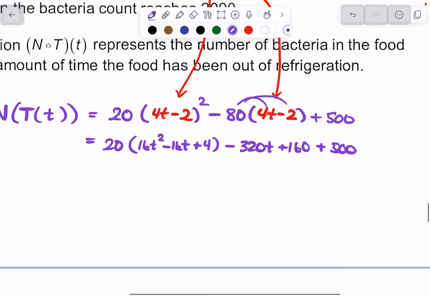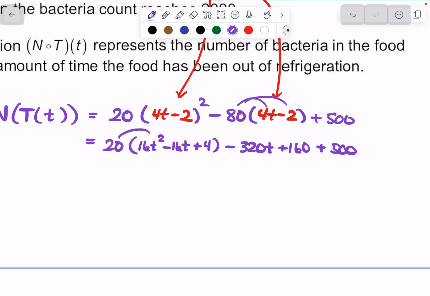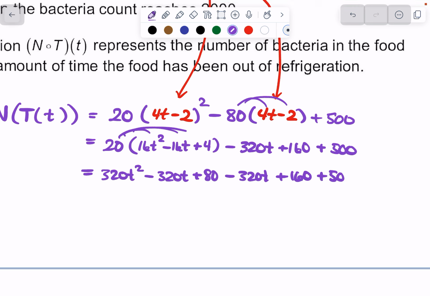I'm trying to save time in the video by going fast. Multiply, multiply, multiply. Okay, we get 320t squared. Yes. Minus 320t plus 80, then minus 320t plus 160 plus 500.